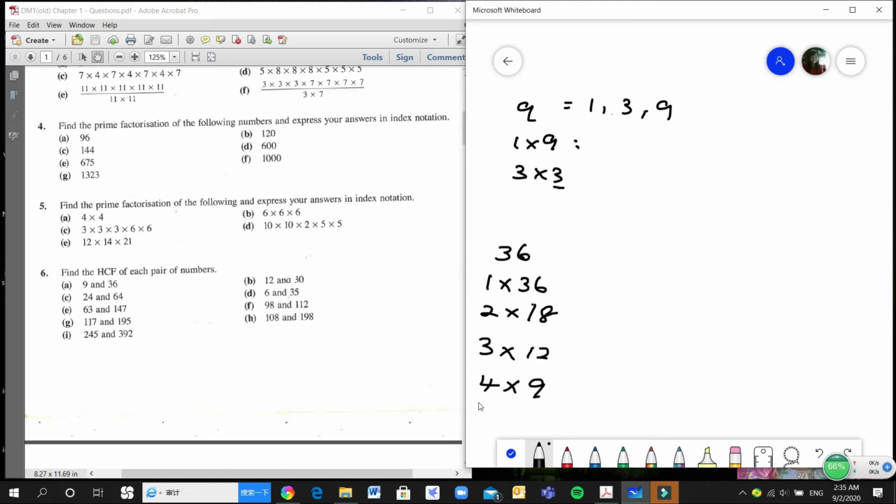And then 5 cannot. 6 times 6. Then you see 6 repeats. That means we will have to stop here. So the factors of 36 will be all these. Then let me list them down. So 36 is 1, 2, 3, 4, 6, 9, 12, 18, and 36.